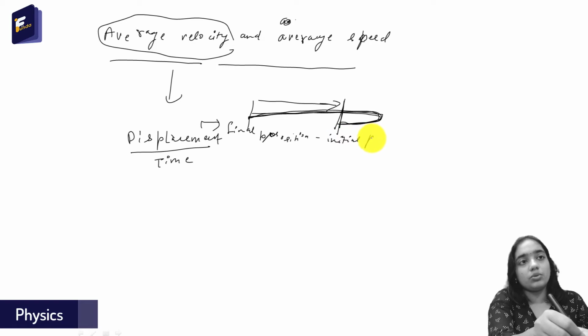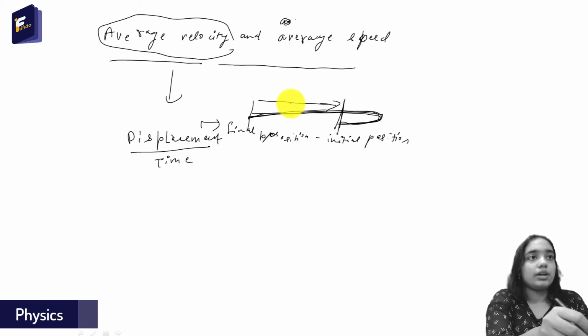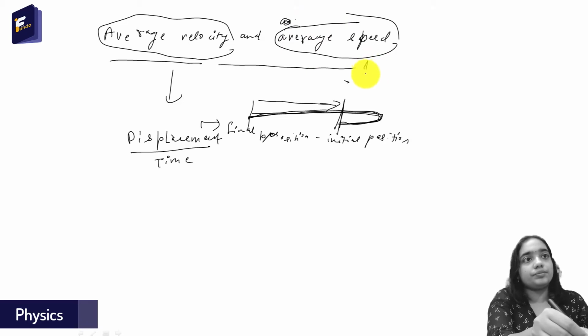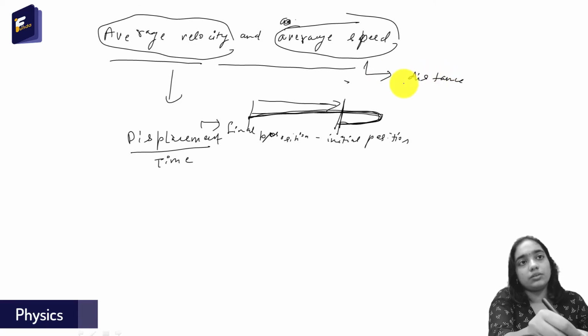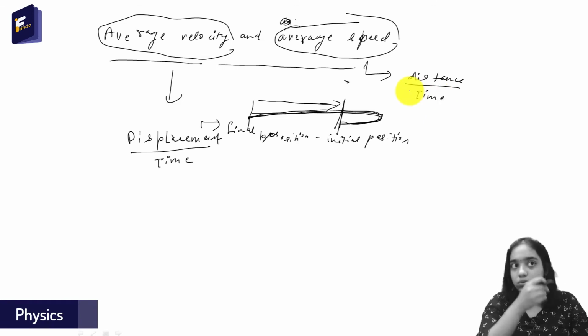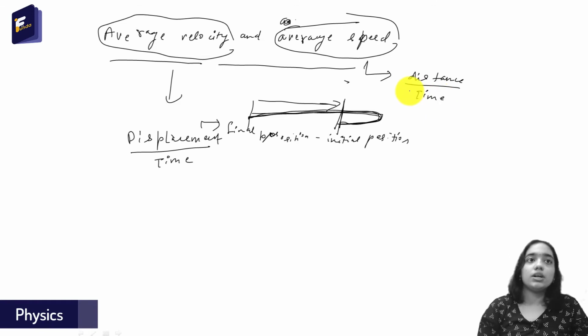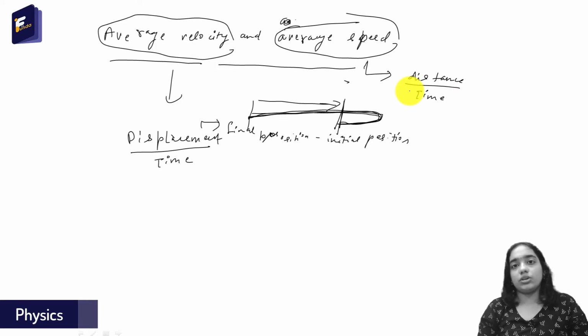Next we will learn about average speed. It is distance by time. So I have told you what is distance and what is displacement, so you can know what the averages are.